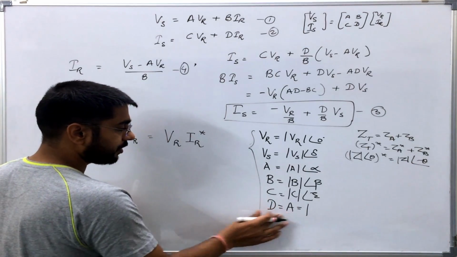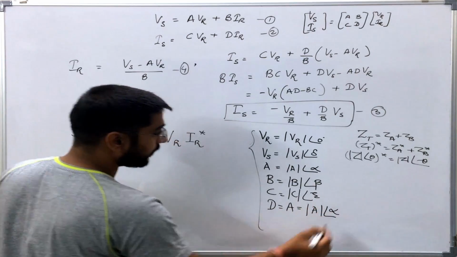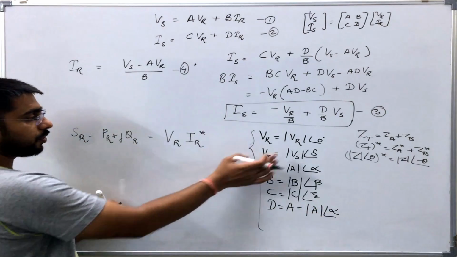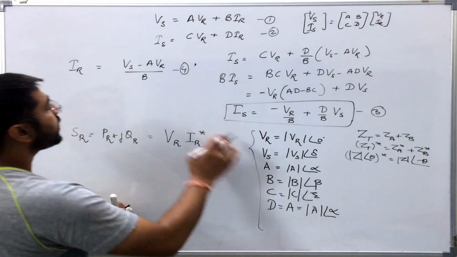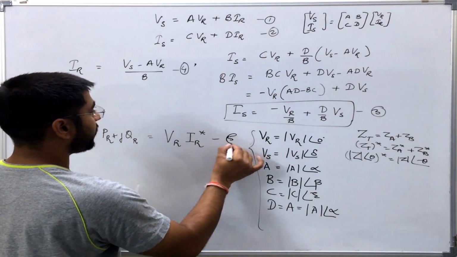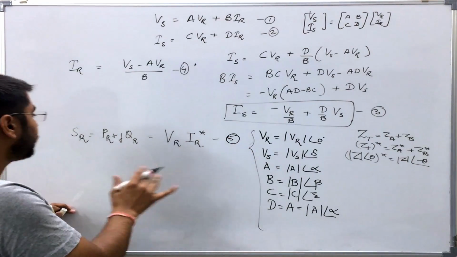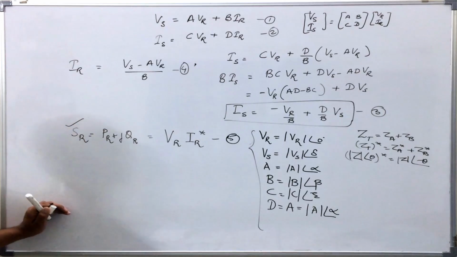So I will simply write it as A angle alpha. Now I will put all these values in our equations 3 and 4, and let us say this is equation 5, to get the complex polar form of the complex power.